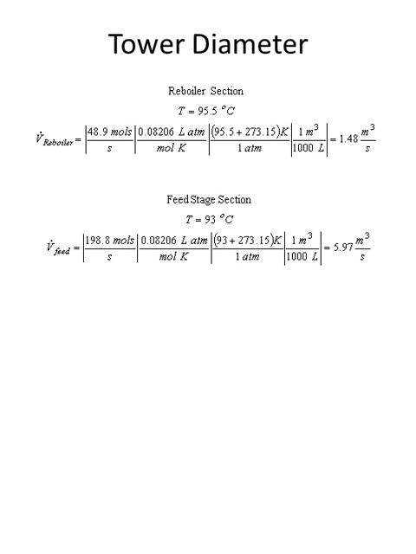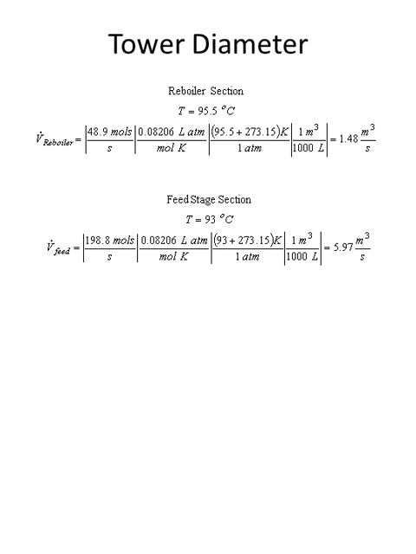For the feed stage location at temperature equal to 93 degrees Celsius, the volumetric flow rate of the feed can be determined at those conditions at 5.97 cubic meters per second. So we can see that the volumetric flow rate is much higher above the feed stage than below the feed stage.